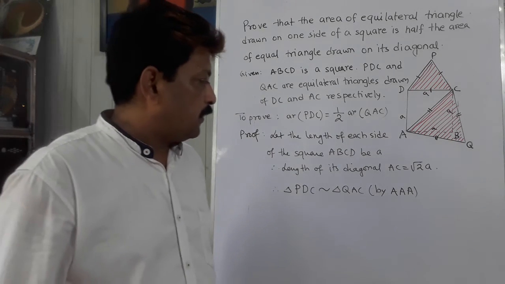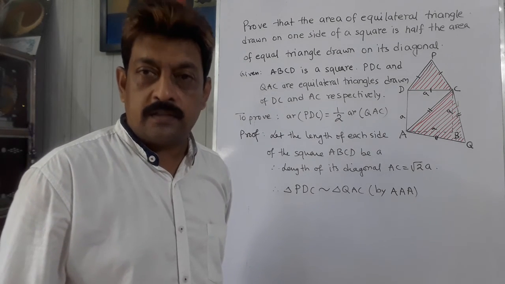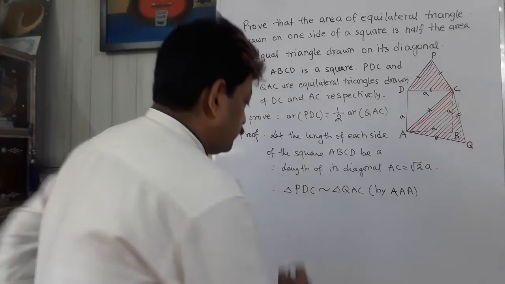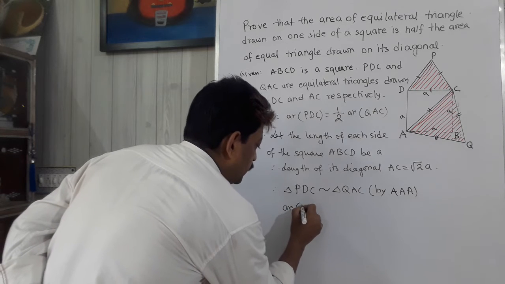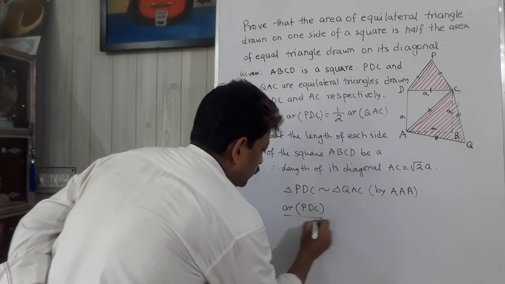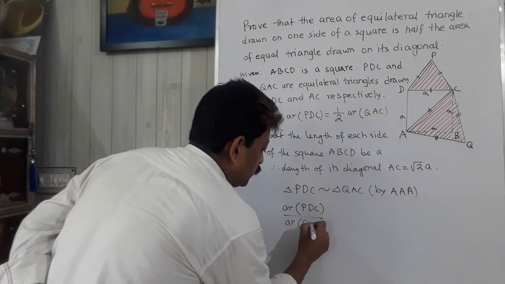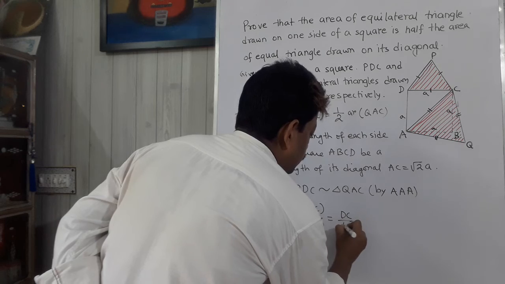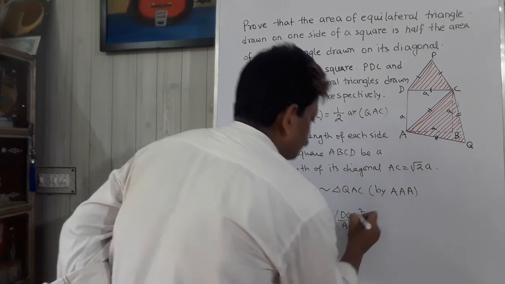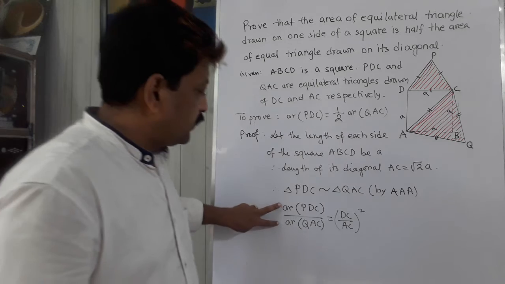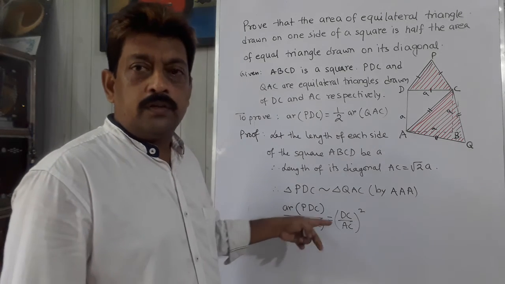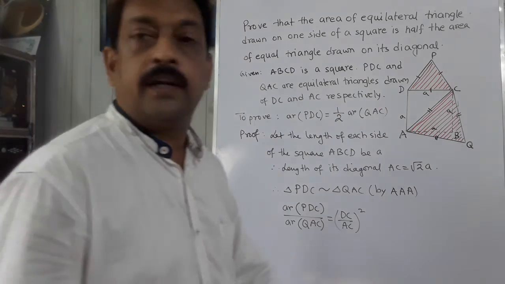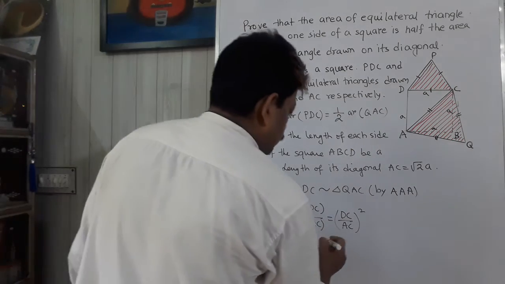Now if two triangles are similar, then we can use the theorem that area PDC upon area QAC is equal to DC upon AC whole square. We know that the ratio of areas of two similar triangles is equal to the square of the ratio of their corresponding sides. I have taken DC and AC as their corresponding sides.